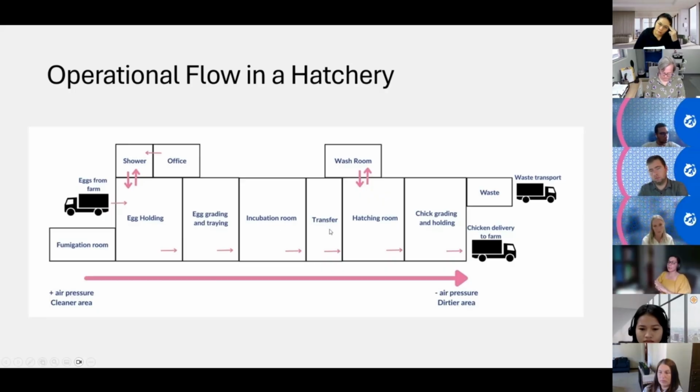The transfer room is a place where you move those eggs from the setter tray to the hatcher baskets. How do we do that? It can be manual, semi-automatic, or completely automatic. It depends on how rich the company is to invest, because the more automatic the process is, the higher the investment.